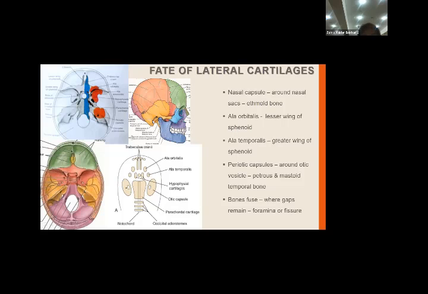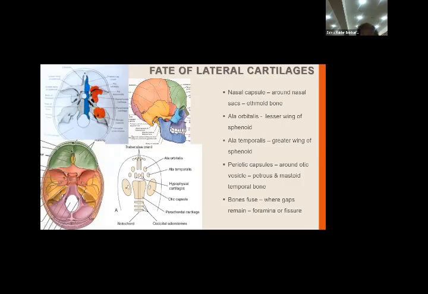In other words, this periotic cartilage is the petrous temporal bone. So the periotic capsule develops into part of the temporal bone.